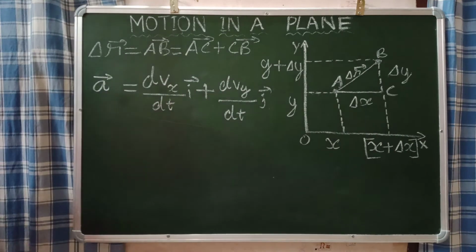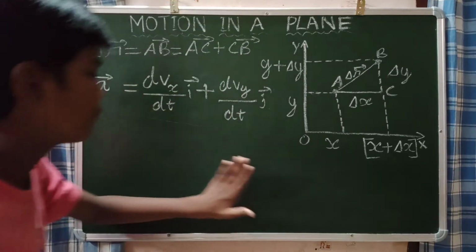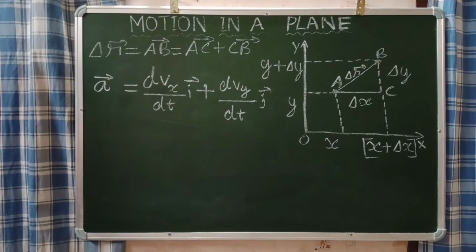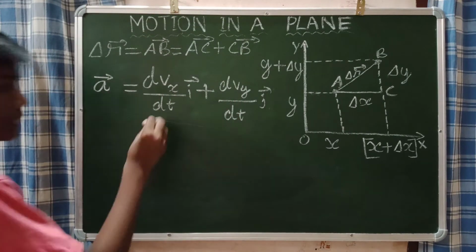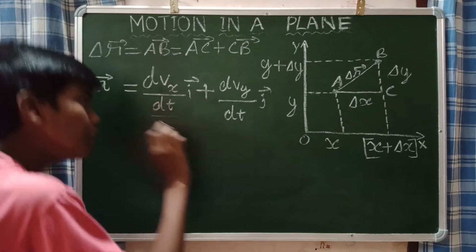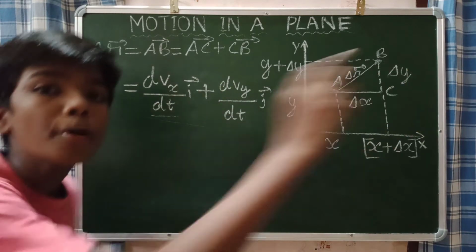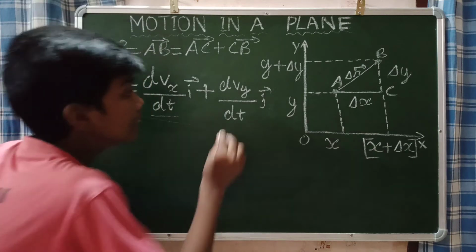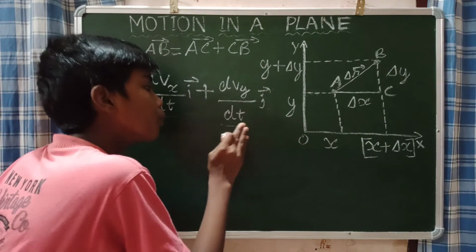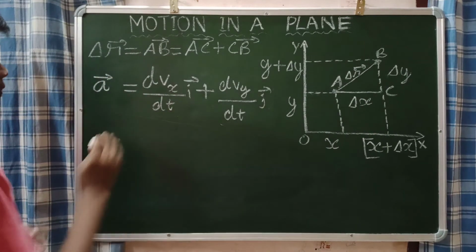Now let me say one important thing. This will be the acceleration. Now this dvx divided by dt will be the x component of acceleration, and this dvy divided by dt will be the y component of acceleration. Very simple.